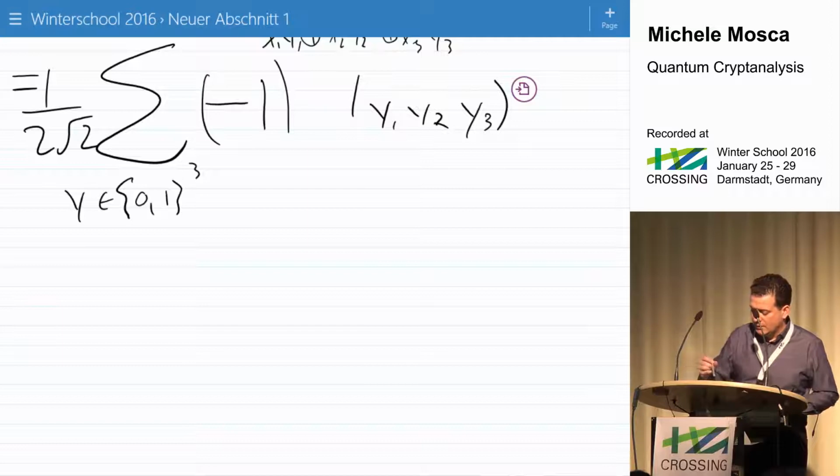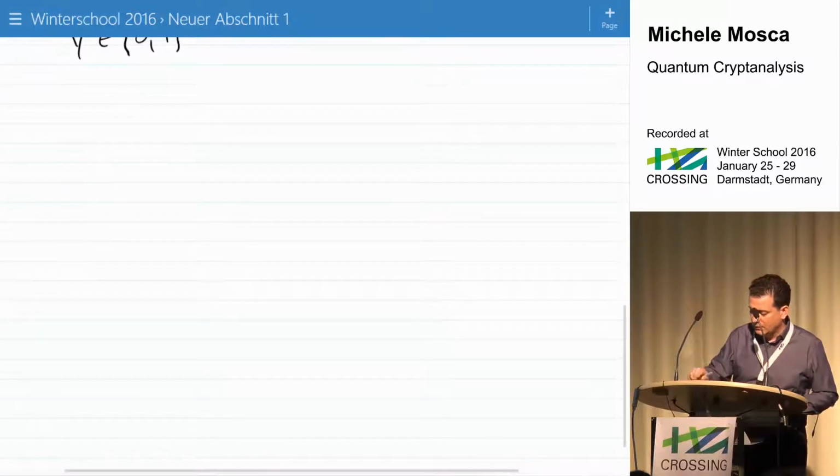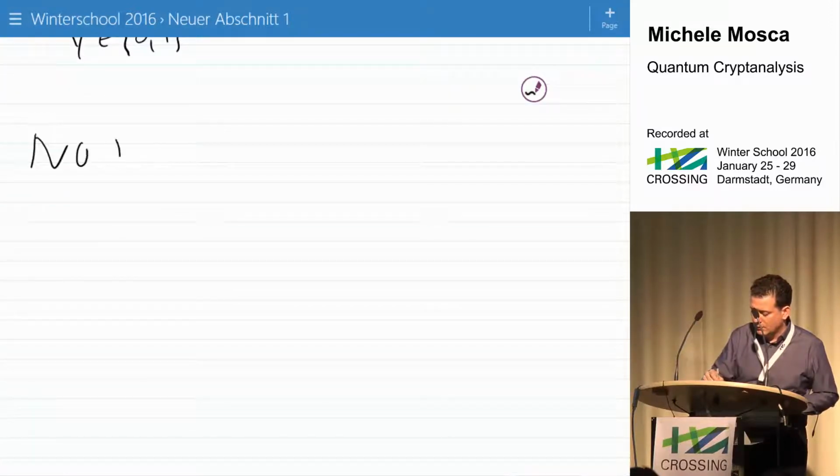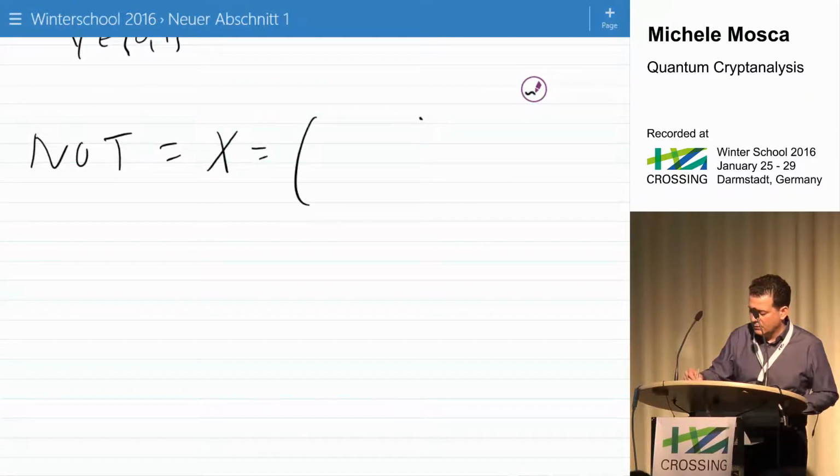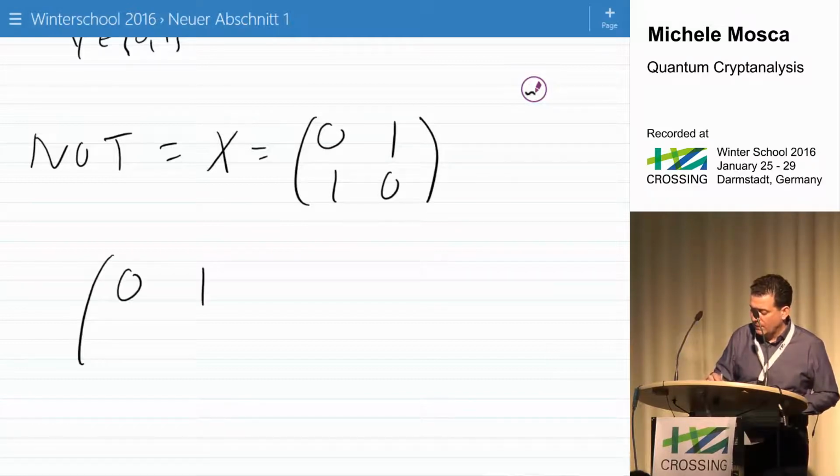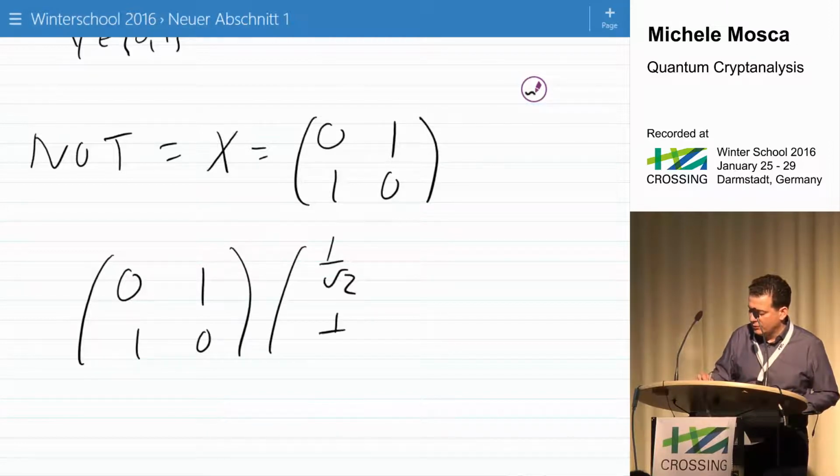If you let the NOT gate, so the X gate, and the eigenvectors of this matrix, 1 over root 2, 1 over root 2, which is just the same.